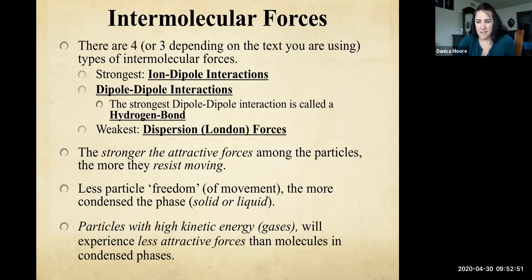Does that make sense, guys? Yeah. Cool. So the less particle freedom of movement, the more condensed the phase, right? Particles with high kinetic energies will experience less attractive forces than molecules in condensed phases, right?